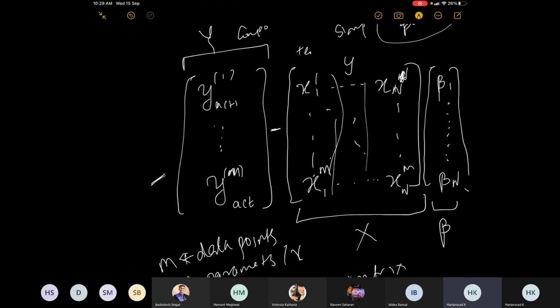It could be temperature, pressure, maybe flow rate, and so on, and you stack them as a column. This is the column of their n sample data. And as Ashutosh rightly pointed out, singularity could occur because of the dependency of the rows or columns.